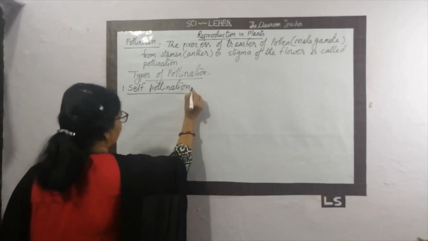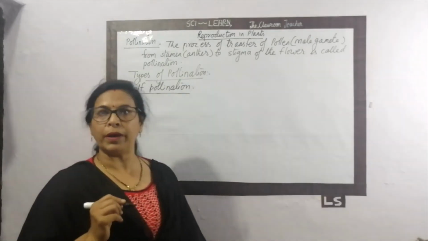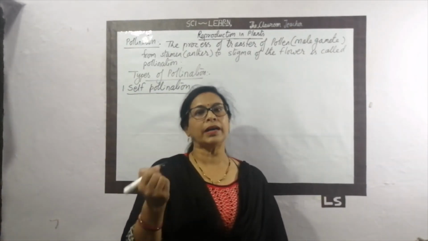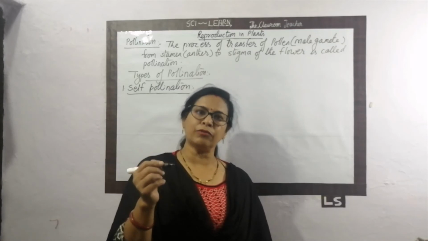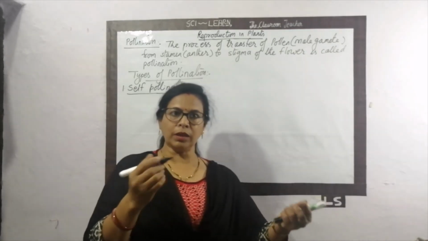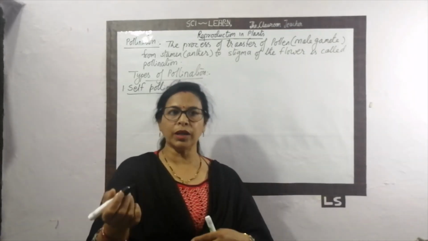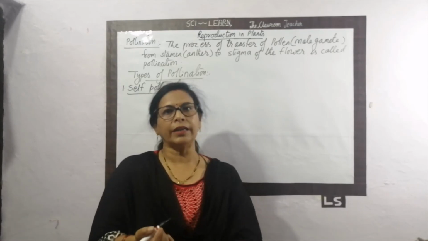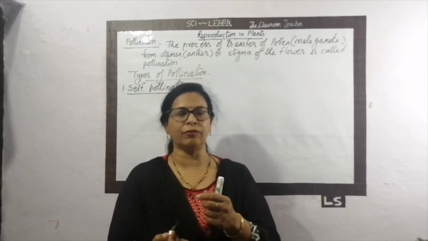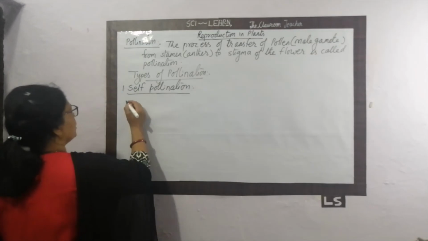Pollination is transferring of pollen from the male part to the female part. Self means by itself. If the pollen transfers without the help of any other agent, without the help of any other factor, then that type of pollination is called self-pollination. What is self-pollination?